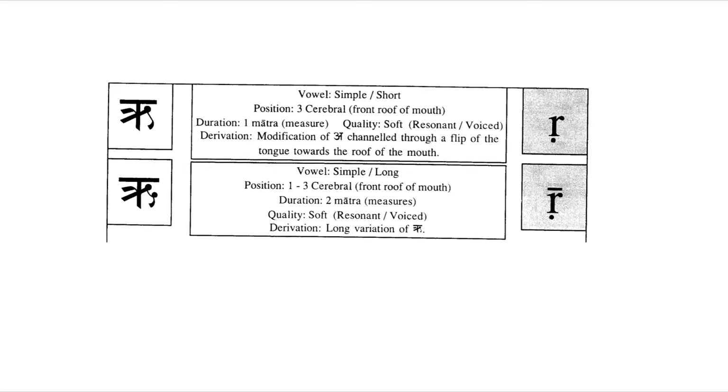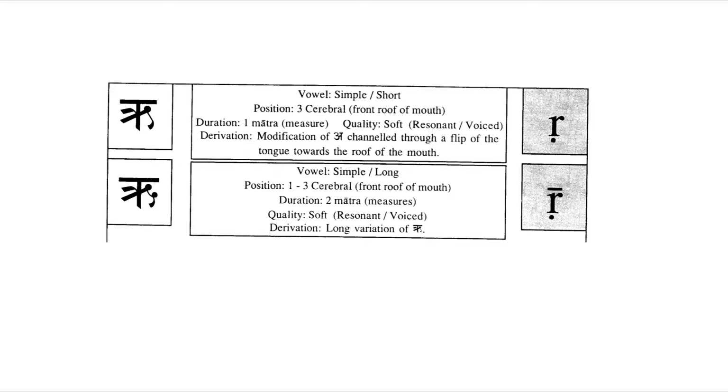All you get is a clicking sound. But using the vowels that we've already learned, ka, ka, ki, ki, ku, ku, and now we have the 7th vowel, r. Use it to pronounce the letter ka: kr, kr, kr.